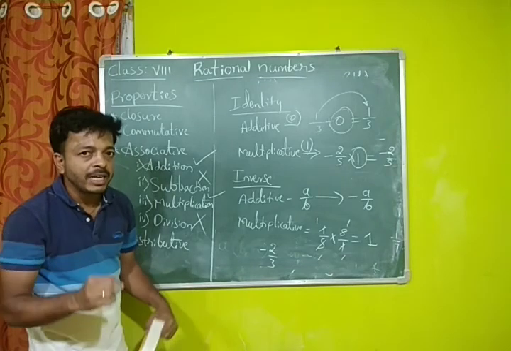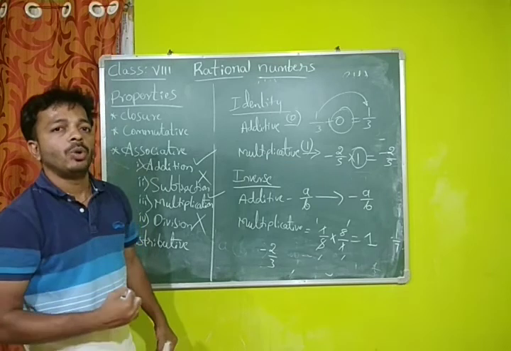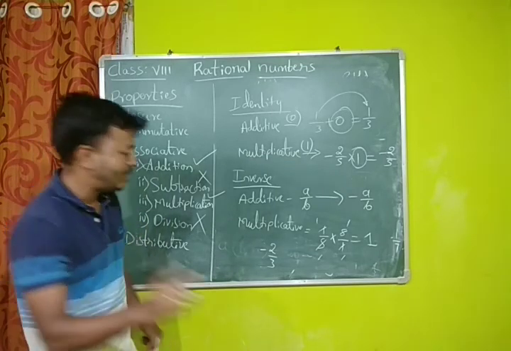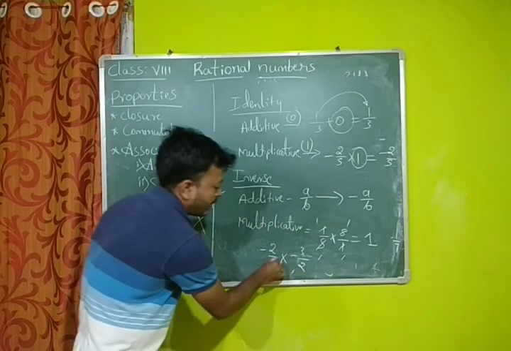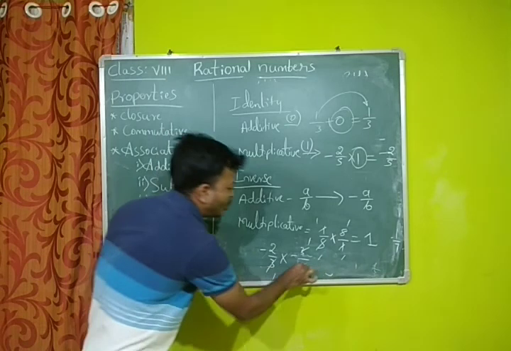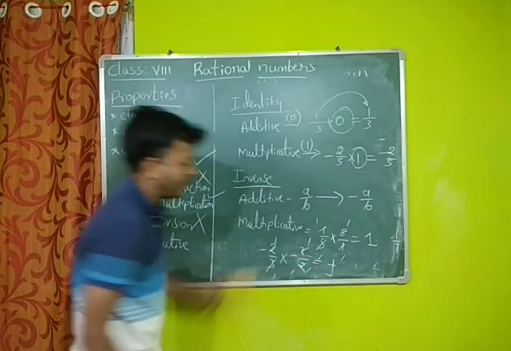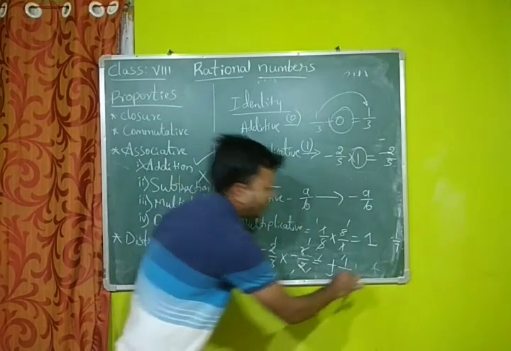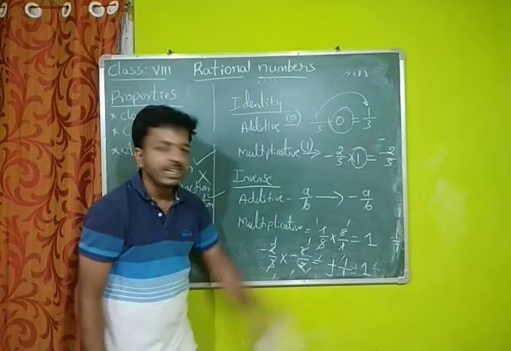It is minus 3 upon 2. Just take the reciprocal of the number. Don't change the sign at all. Multiply by minus 3 upon 2: 3 ones are 3 ones, 2 ones are 2 ones, minus times minus is plus, 1 ones are 1. So you will get plus 1, the identity.